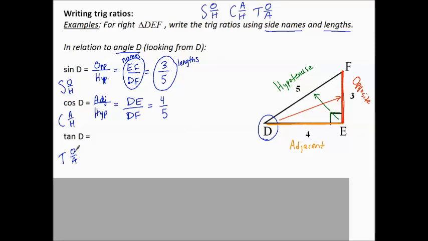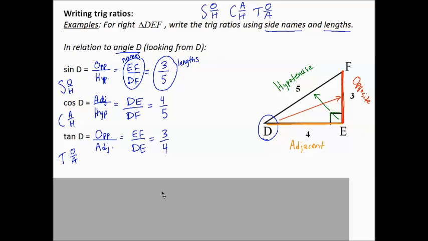Let's do tangent. TOA. So that's opposite over adjacent. Opposite says this side EF, and adjacent says this side DE. That's the ratio of the sides looking from angle D. The numbers are 3 and 4, 3/4.